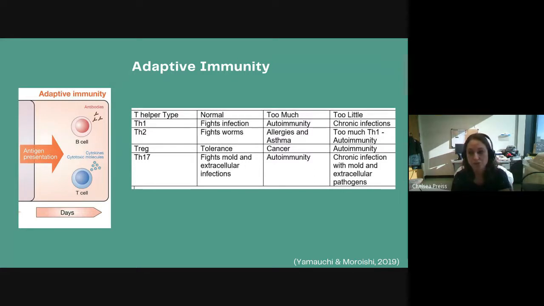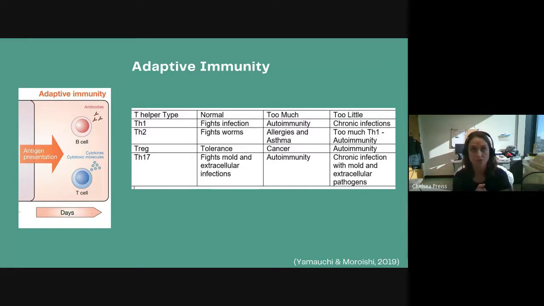On the screen is just a little chart of some of the different T cells and what they do. It's also important to note that B cells and T cells will feed back to white blood cells. These are separated out just for visual effect and to learn what they each do, but they are constantly talking to one another and feeding back into each other.